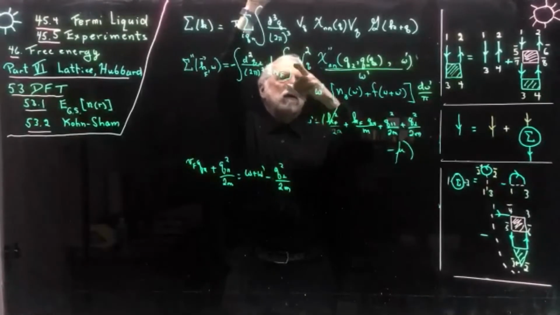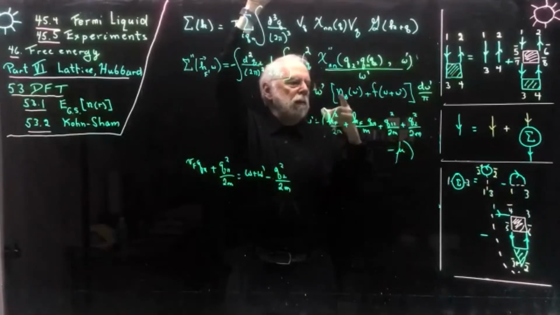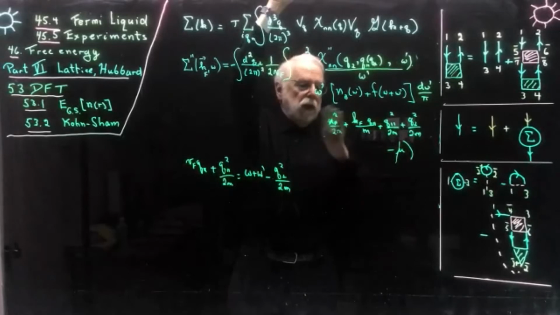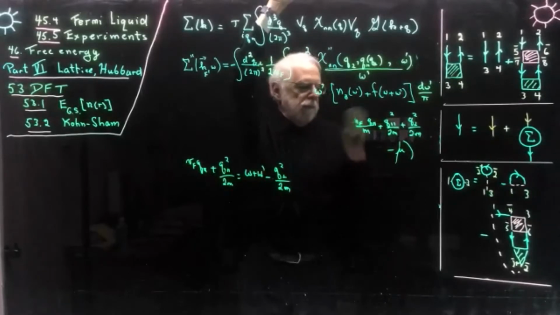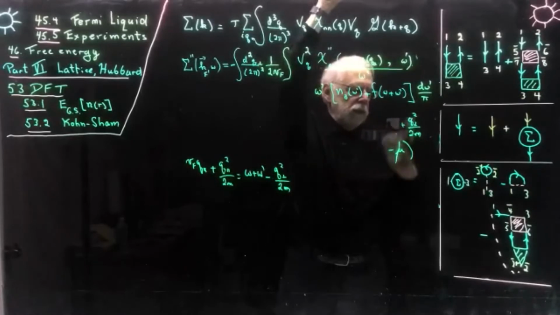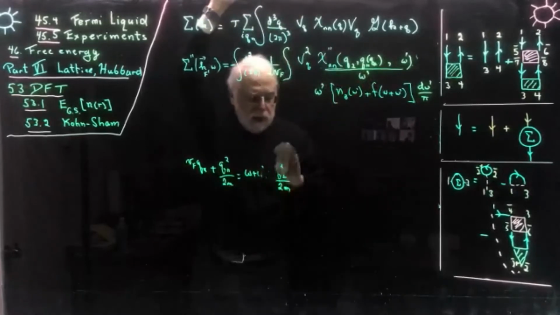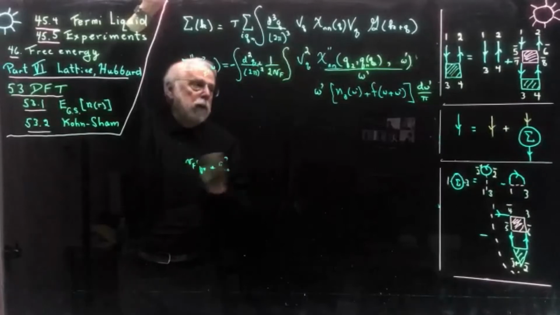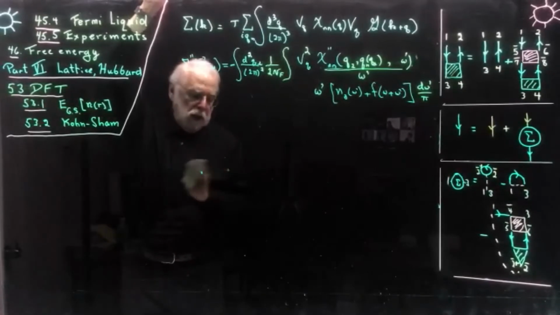So this integral over omega prime, Fermi function times omega prime, you can look up in books on integrals, or you can use some software. In other words, it's an integral that can be done analytically. And the result is the result that we want.